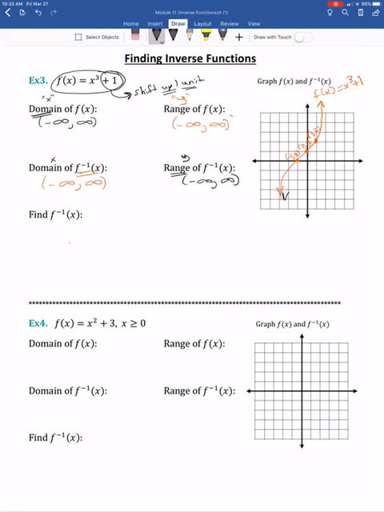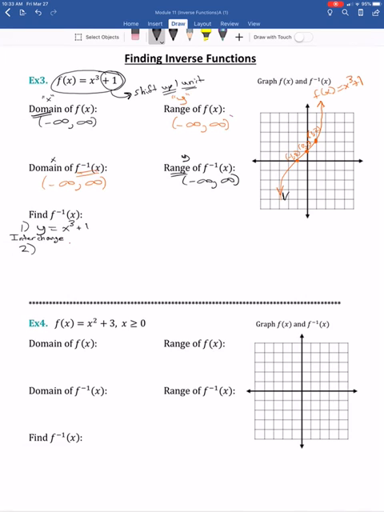With that said, let's start off by establishing the relating variables. So we're looking at a cubic polynomial with two variables, x and y. y is equal to x cubed plus 1. Now in our second step, we want to interchange, we want to swap x and y.